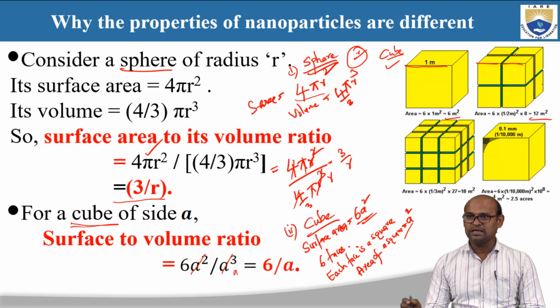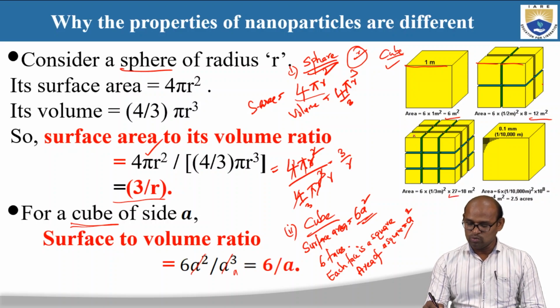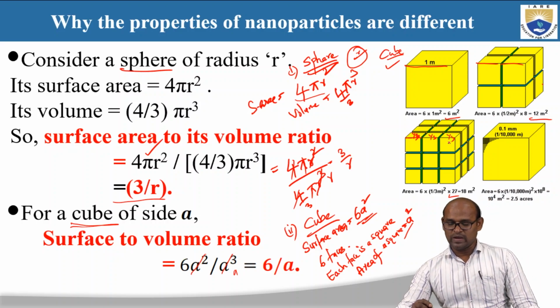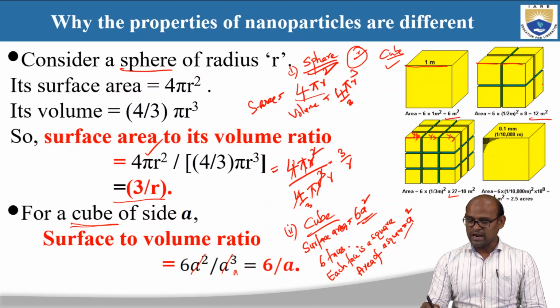Now I am going to further divide this cube. So now I have divided this cube into 27 equal parts. Instead of 1, the length of each side is now 1 by 3 meter. When I divide this cube into 3 equal parts, there will be 9 into 3, so 27 equal parts.